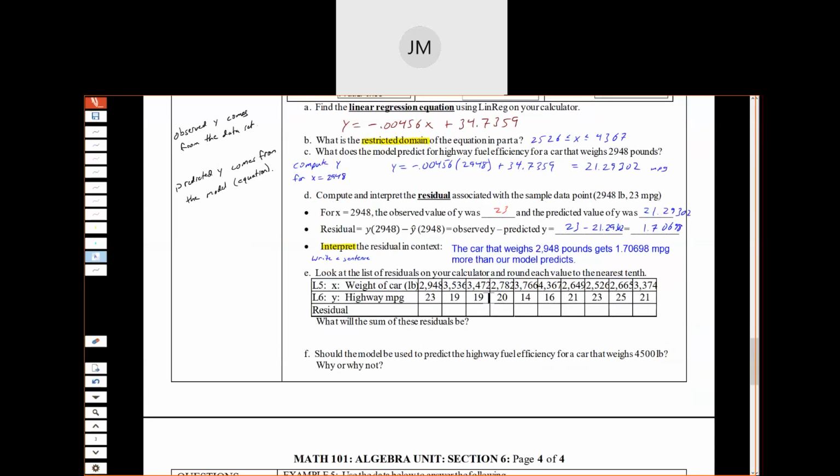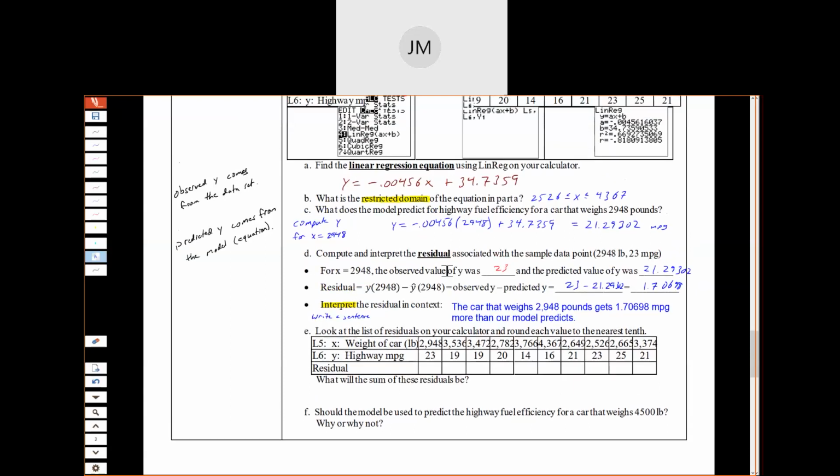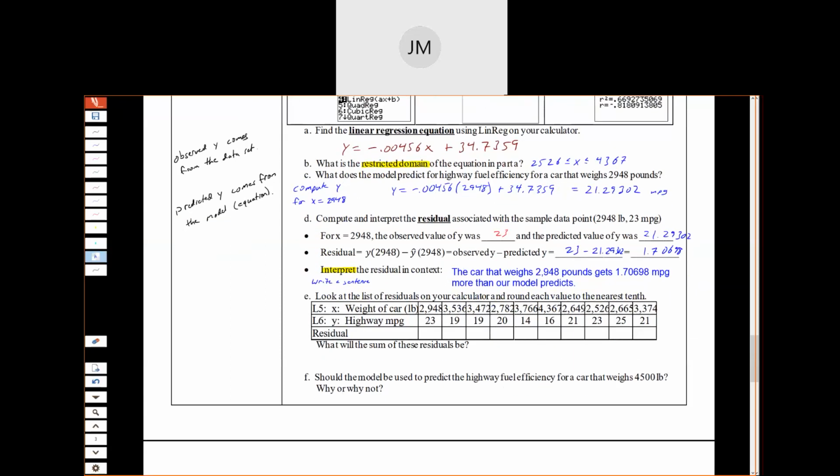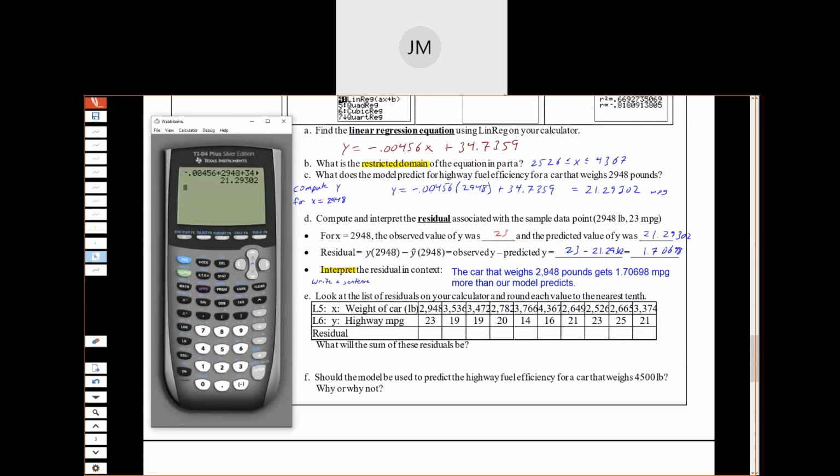All right, let's look at the list of residuals on our calculator and round each value to the nearest tenth. So what I want to do is have my calculator compute a bunch of residuals for me. It kind of already had to do that in order to create the best fitting line that we got.